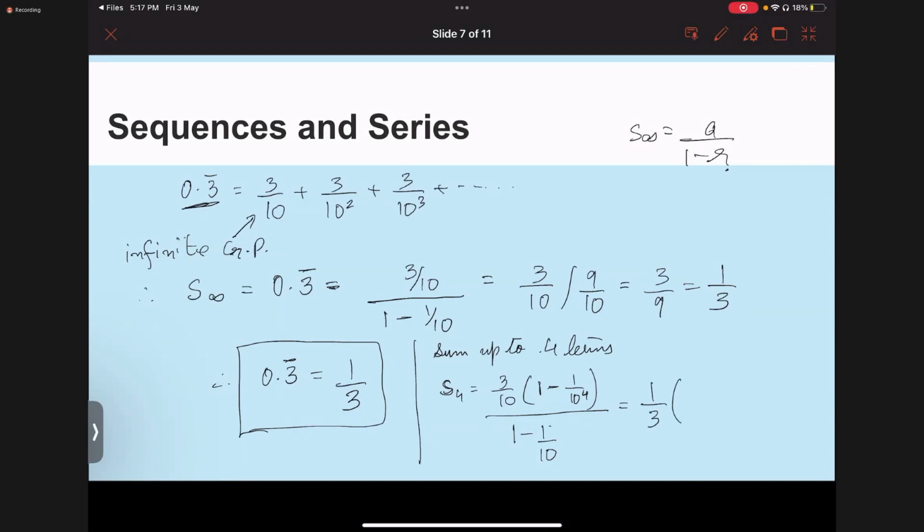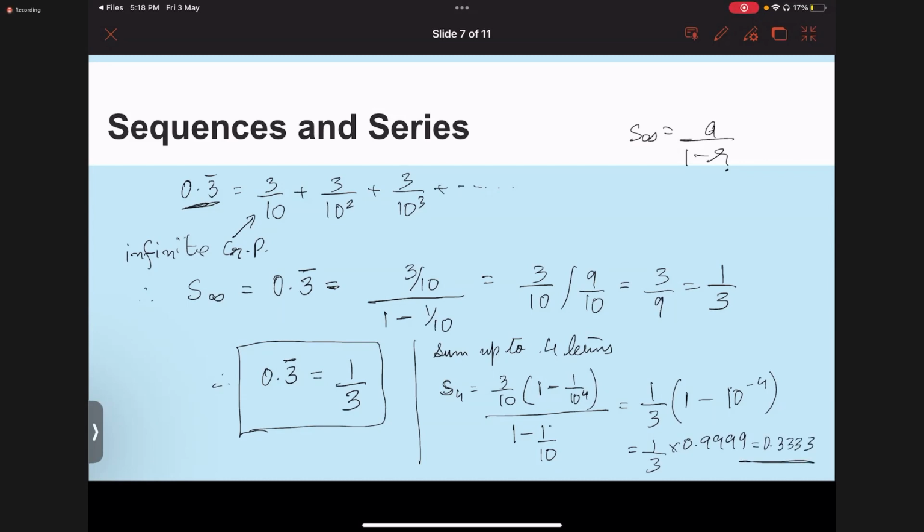And this will be 1 minus 10 raised to minus 4, so it is 1 by 3 multiplied by 0.9999, and this eventually gives you 0.3333. Okay, so this is the sum.